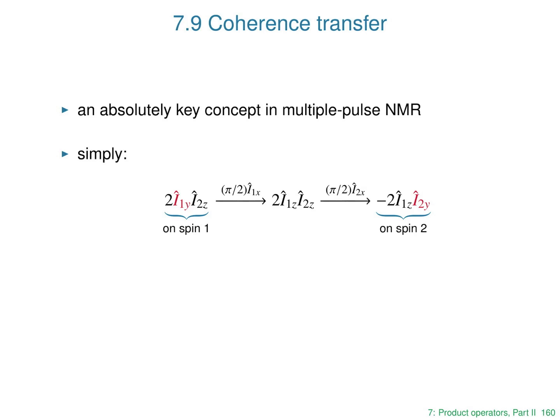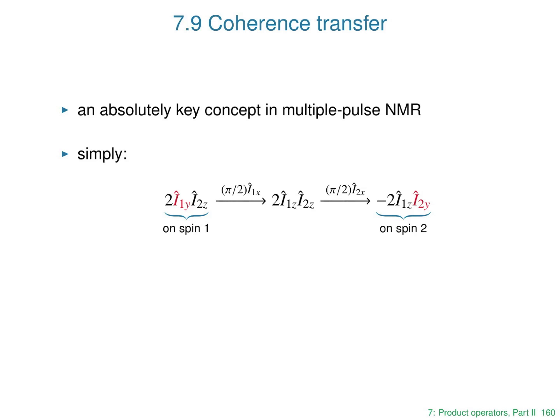So first of all, a 90-degree pulse to spin 1, so that operator then becomes 2I1Z I2Z. And then a 90-degree pulse to spin 2, that operator becomes 2I1Z I2Y. And so what we started out with is an antiphase term on spin 1, and after the pulse it became an antiphase term on spin 2. And that's why that's called coherence transfer, because you've transferred the signal from spin 1 to spin 2.